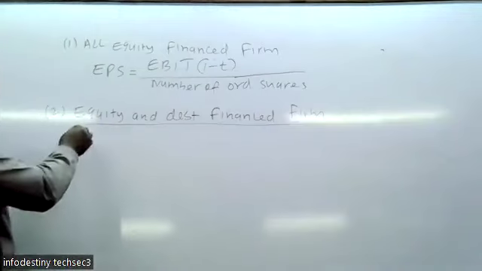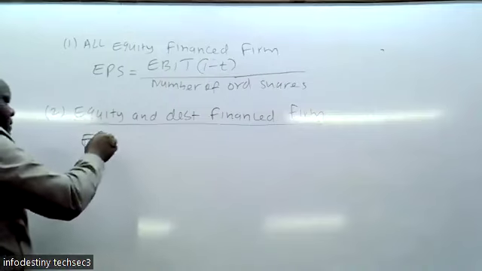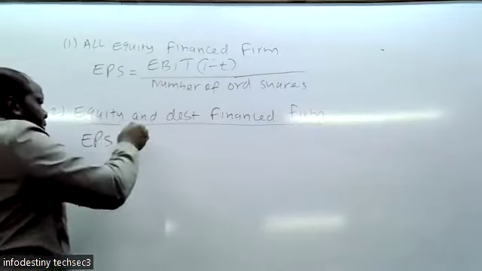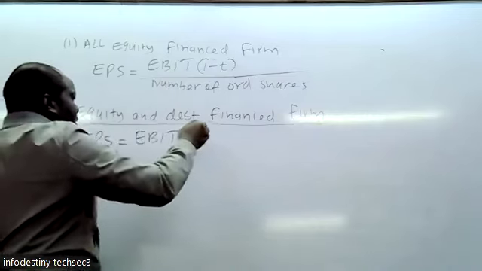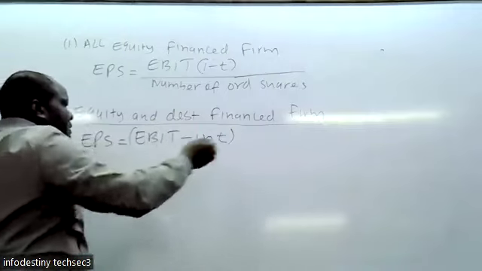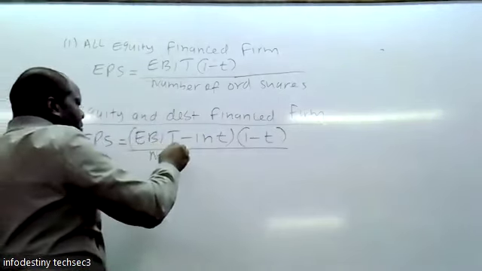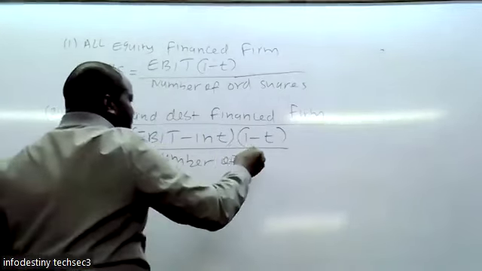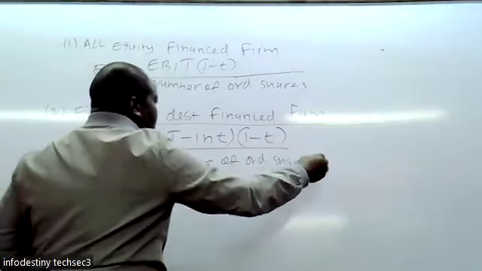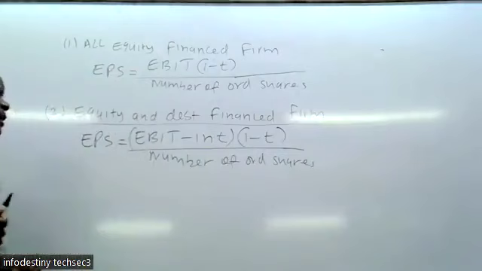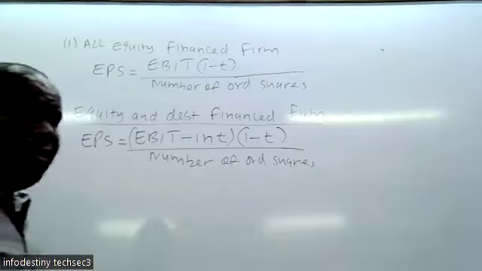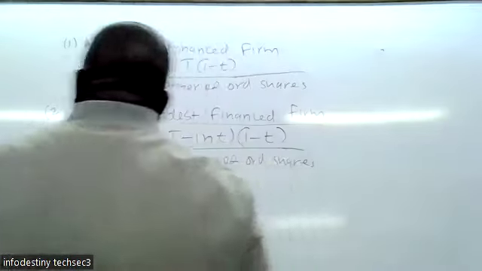When it is equity and debt financed, earning per share will be given by earnings before interest and tax, subtract interest, times 1 minus the corporate tax, and we divide by the number of ordinary shares.